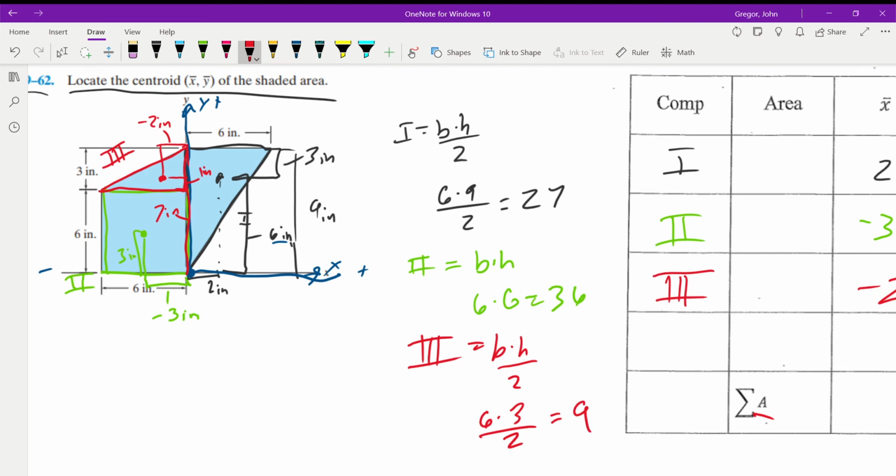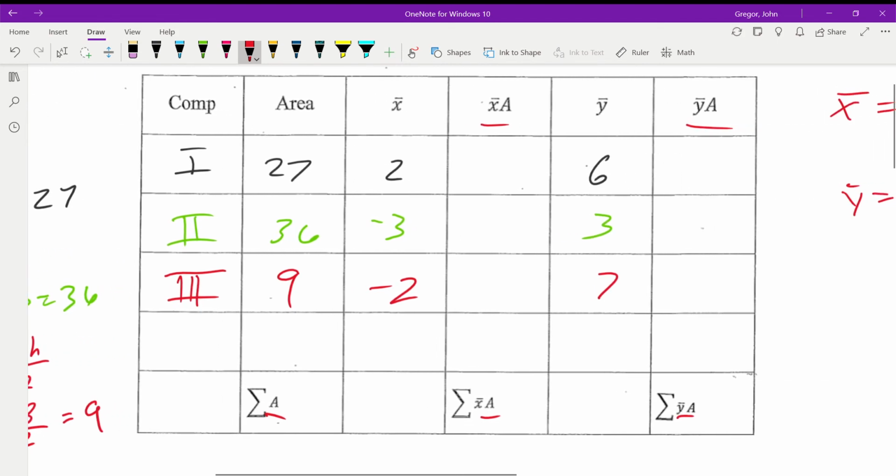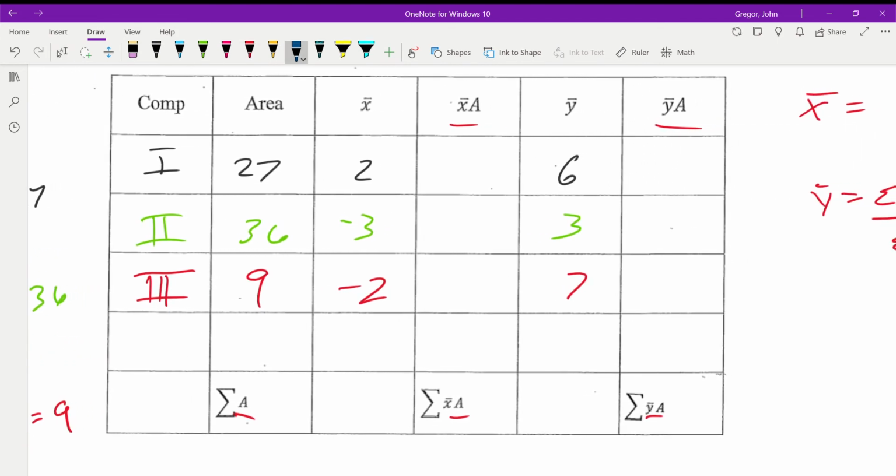So I just plug these in. We have 27, we have 36, and then we also have 9. I can do the sum of the area real quick. 27 plus 36 plus 9 gives me 72 total.